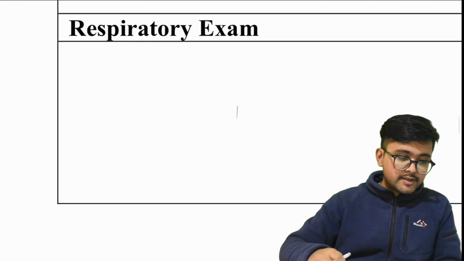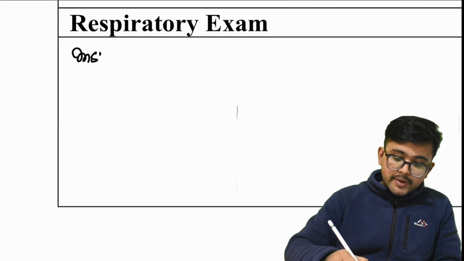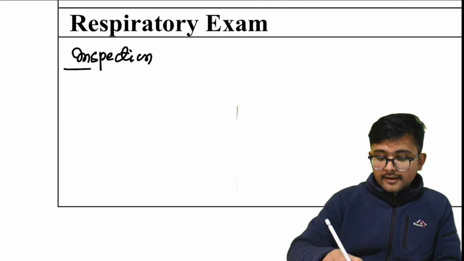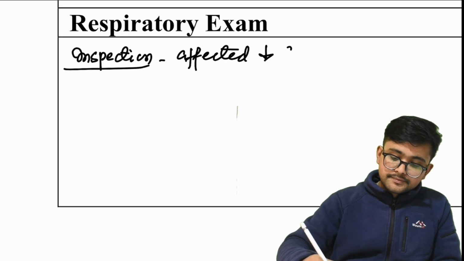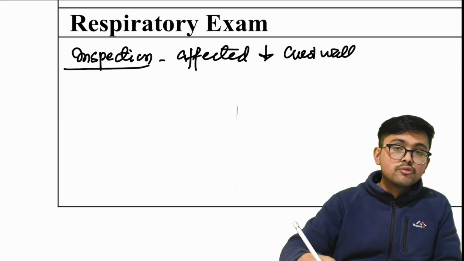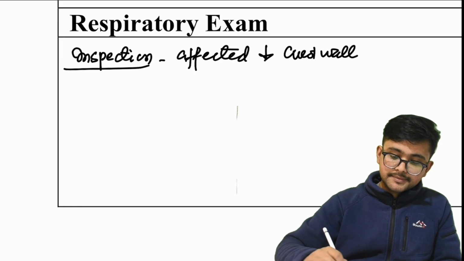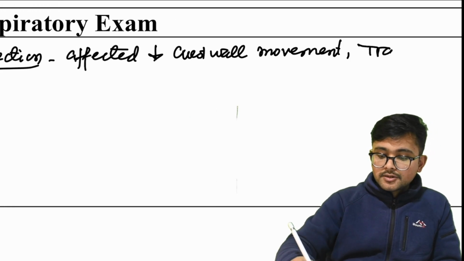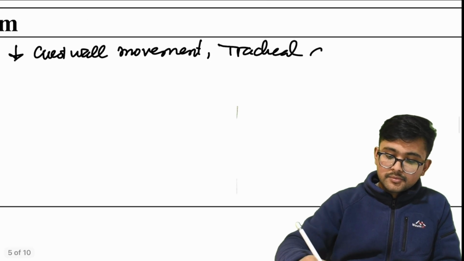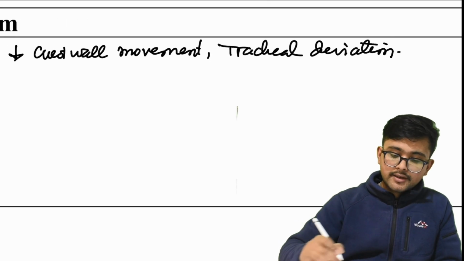What would you expect in a respiratory examination? When you inspect, the affected side of the chest wall might not move equally compared to the other side, and there might be tracheal deviation if the person has tension pneumothorax.